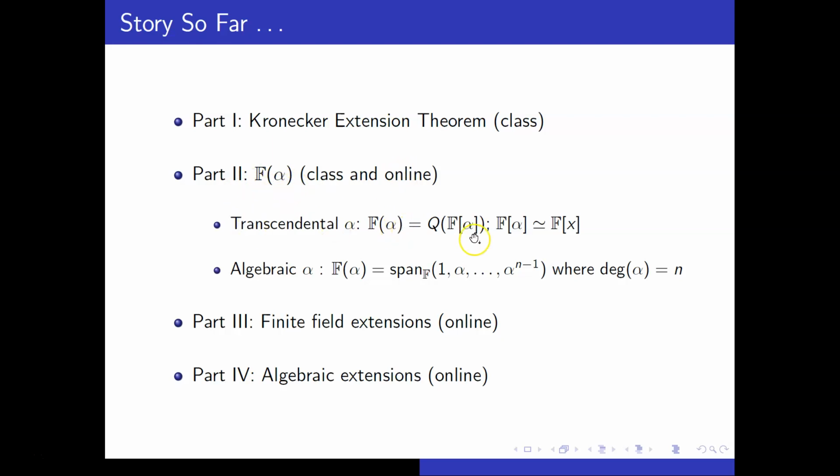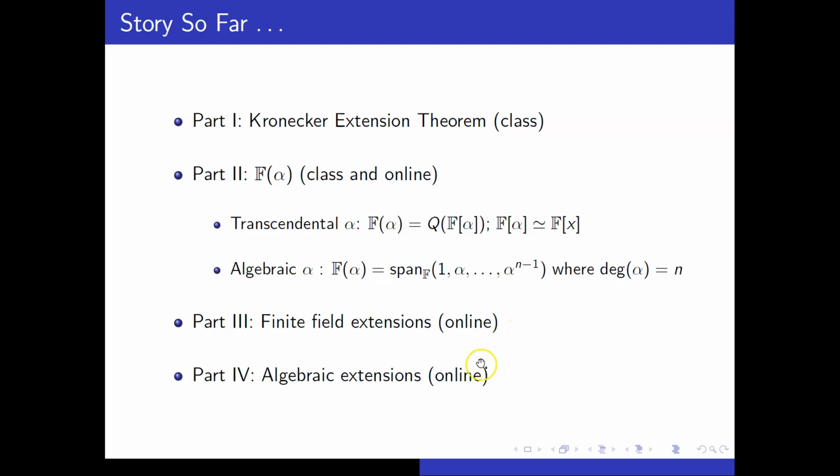We've seen in one case, it's the field of fractions of the polynomial ring when it's transcendental, and otherwise when it's algebraic, it's a nice vector space that's spanned by powers of the element, up to one less than the degree. Last time we saw finite field extensions, where one field is a finite dimensional vector space over the other.